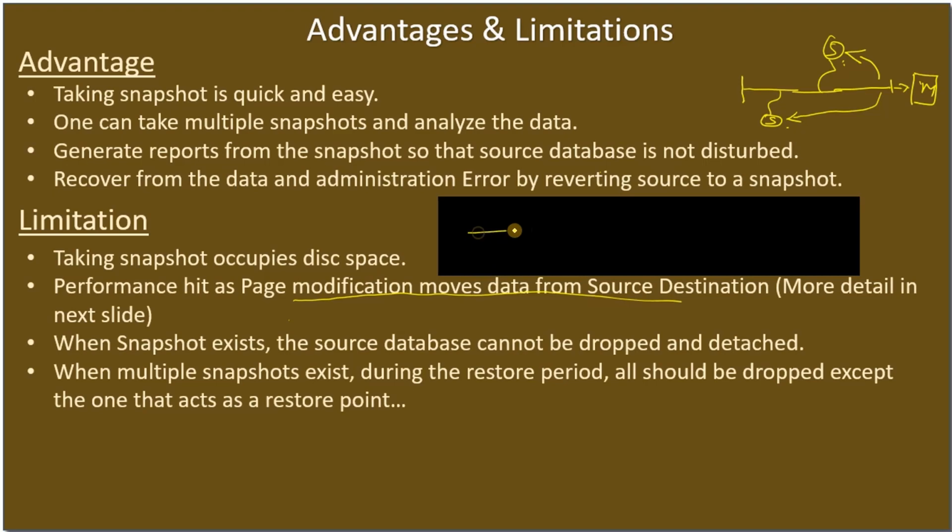So if this is the main database which undergoes changes, let's state there are multiple snapshots, and from a specific point in a database, if you want to move to a specific snapshot, and let us state that you want to move to snapshot 2, then you have to drop other snapshots and you can move to a specific snapshot.